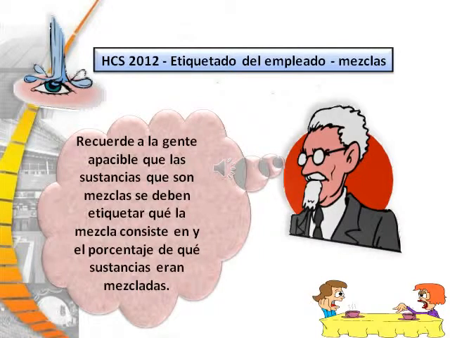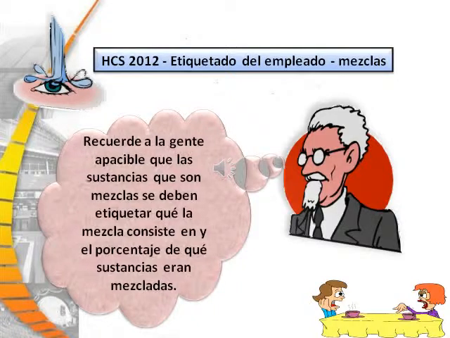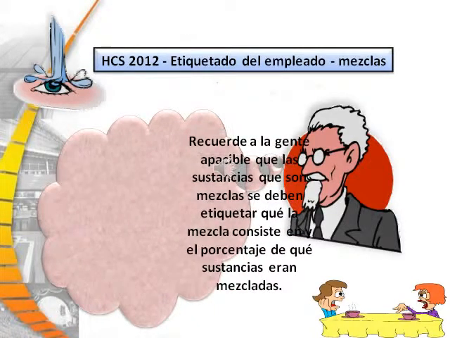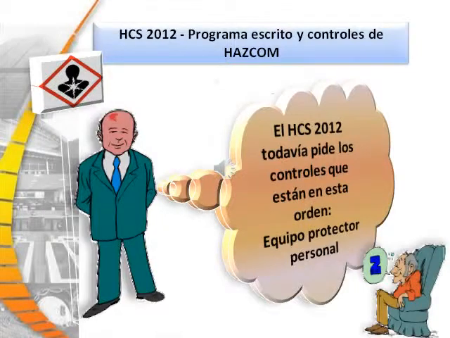Substances and mixtures are labeled as to what percentage of the substances are mixed. HCS 2012, as HCS 1994, still calls for engineering controls to be the highest priority, then administrative, and then personal protective equipment.